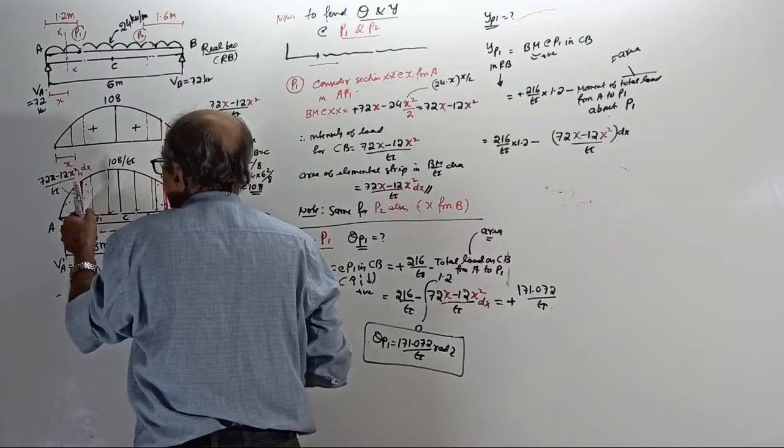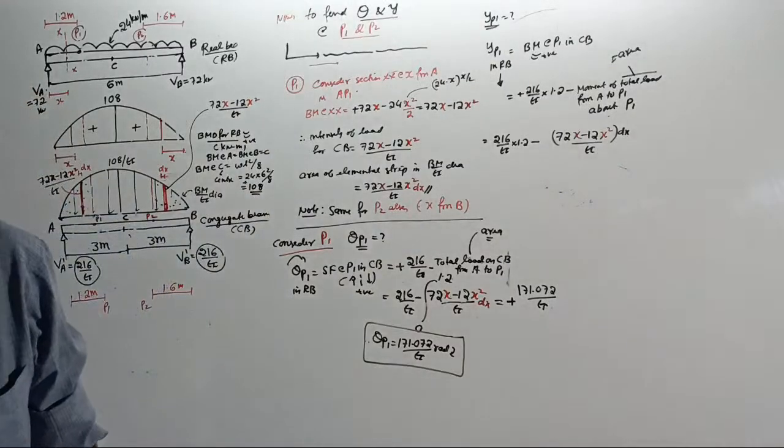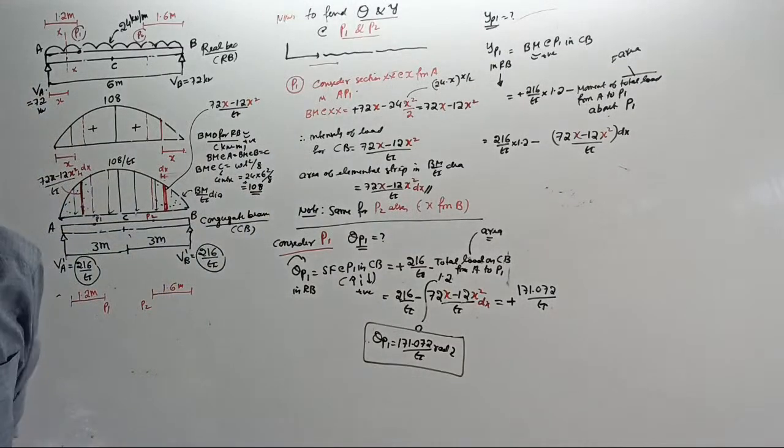That strip area into this distance. What is the multiplying distance? Not 3/8 of 1.2. You cannot write 3/8 of 1.2. It becomes complete nonsense. I told you, 3/8 1/8 cannot be applied for partial area.